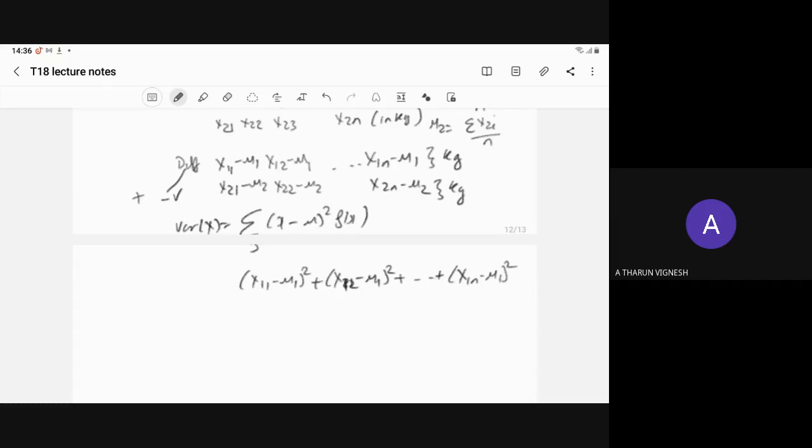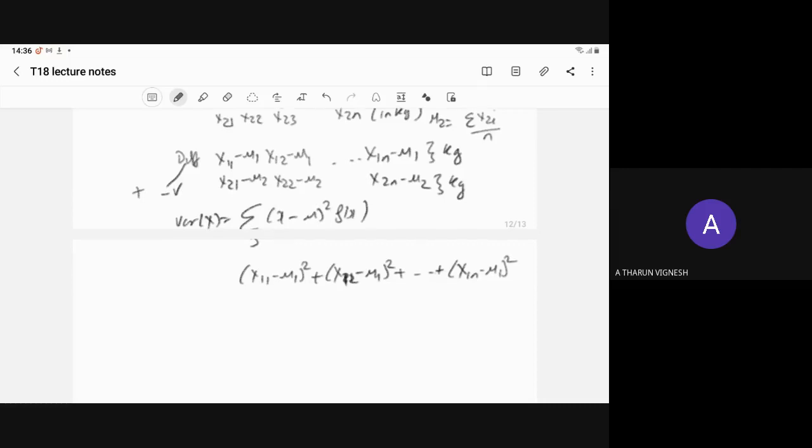But as you are squaring the difference, you are neglecting the sign, and now both become positive. Whatever physical significance we had is now meaningless, because you have neglected the sign. Due to this meaningless difference, we say that variance has no meaningful unit. That's why it is unitless.